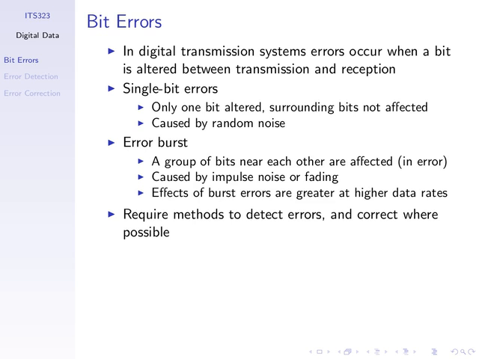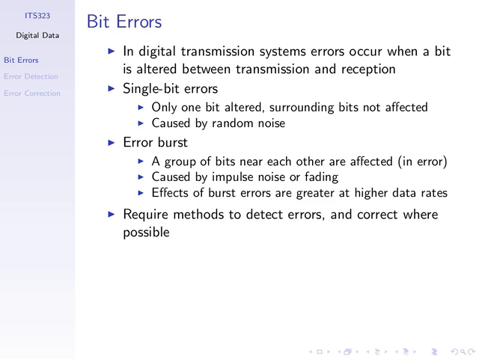In some cases we may get a burst of errors. I transmit 100 bits and there are 10 or 20 bits in sequence which are all in error. A burst of errors: a group of bits which are near each other that are all affected.